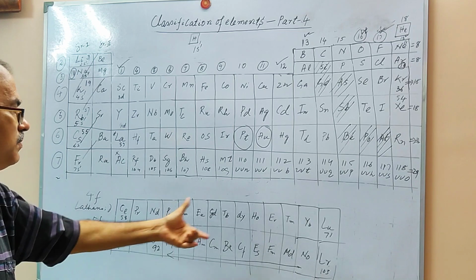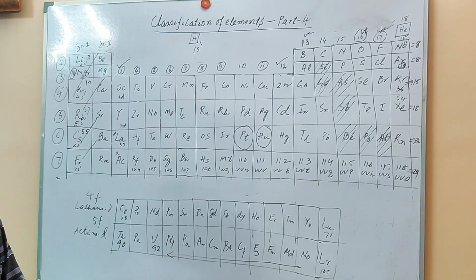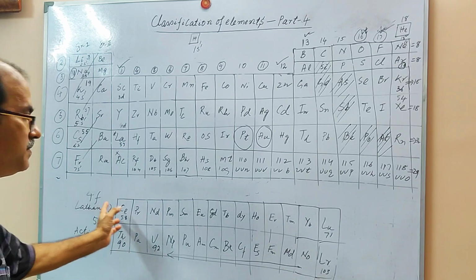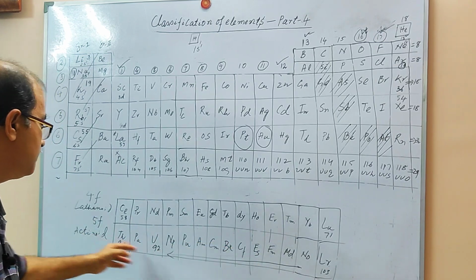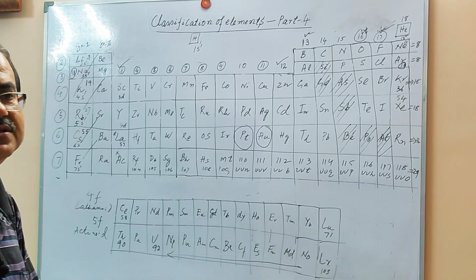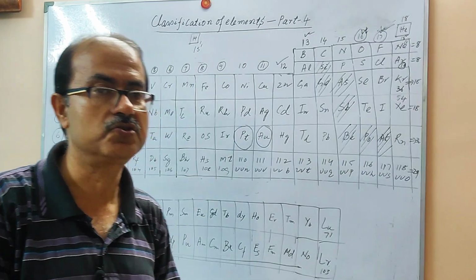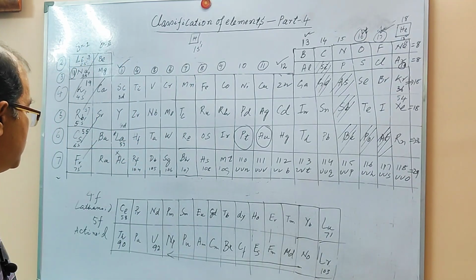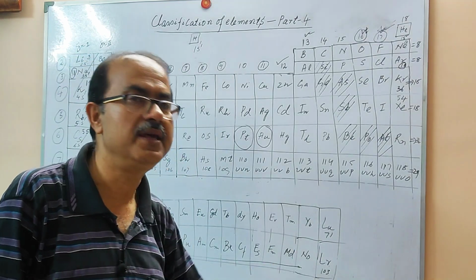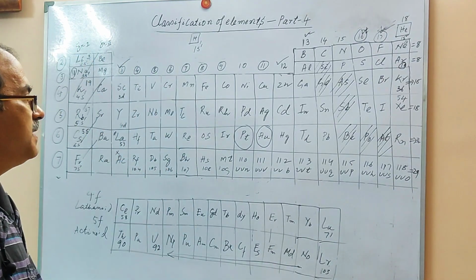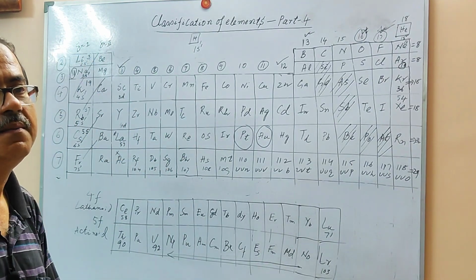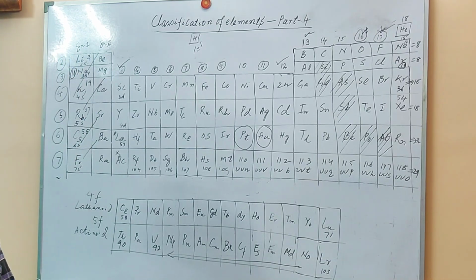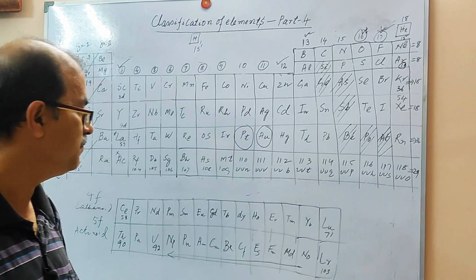At the bottom of the table you can see the inner transition elements, 4f and 5f. 4f is the rare earth elements, and 5f is the actinoid series. They are basically radioactive elements, and the majority of them are man-made. They are prepared, not naturally found.